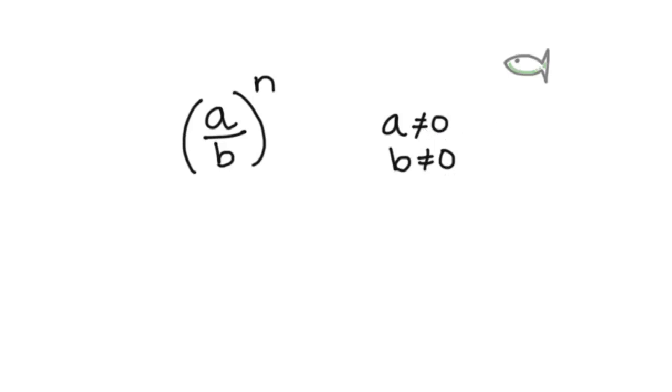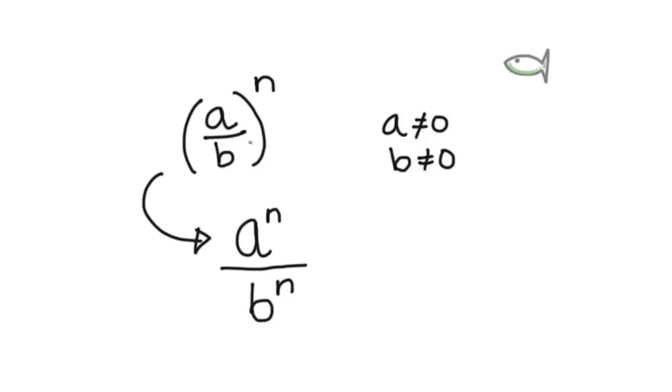So this will reduce to: you have to take the a and raise that to the n power, so a to the n, divided by, you also have to take the b and raise that to the n power. Okay, so a over b to the n is equal to a to the n divided by b to the n power.